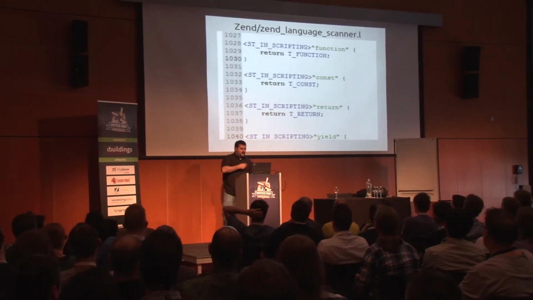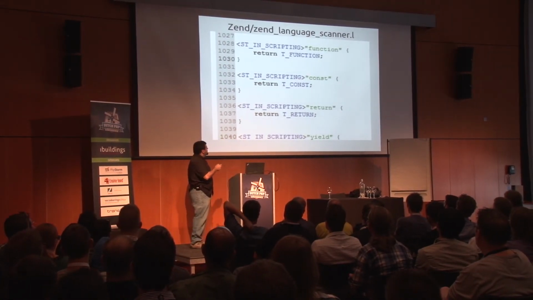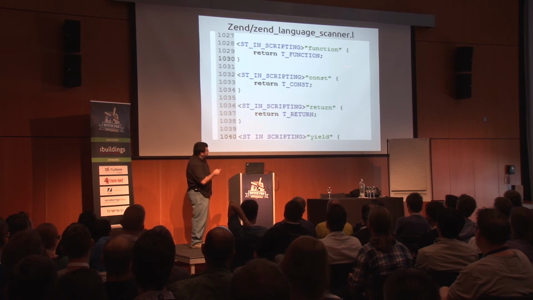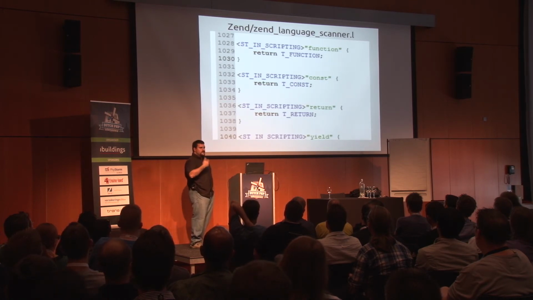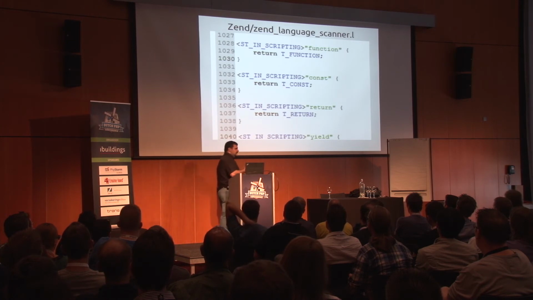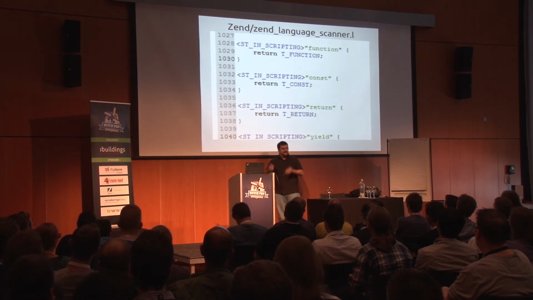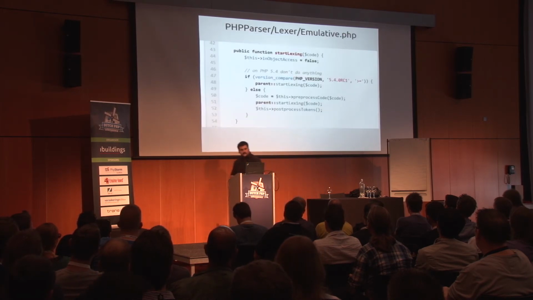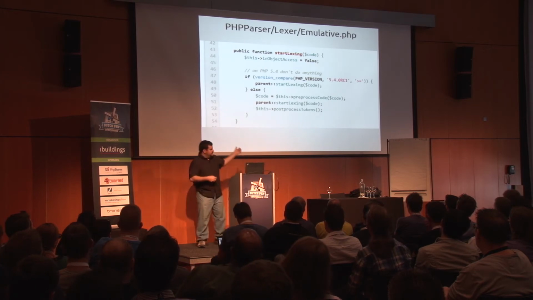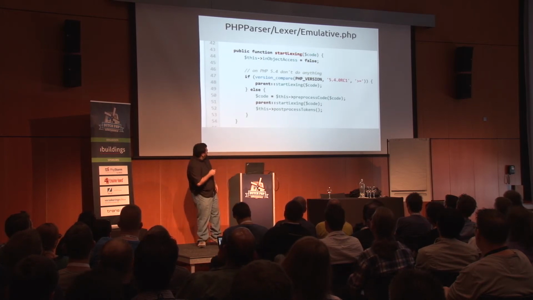So the language scanner, the lexer, basically looks for this string const as a standalone string and says, okay, return the constant token. Again, not overly important, but what we're looking at here is we're statically transforming the code into something that C and that the engine can deal with. Then in PHP, basically we call token_get_all somewhere in here, and then we get the tokens, and then we parse it.